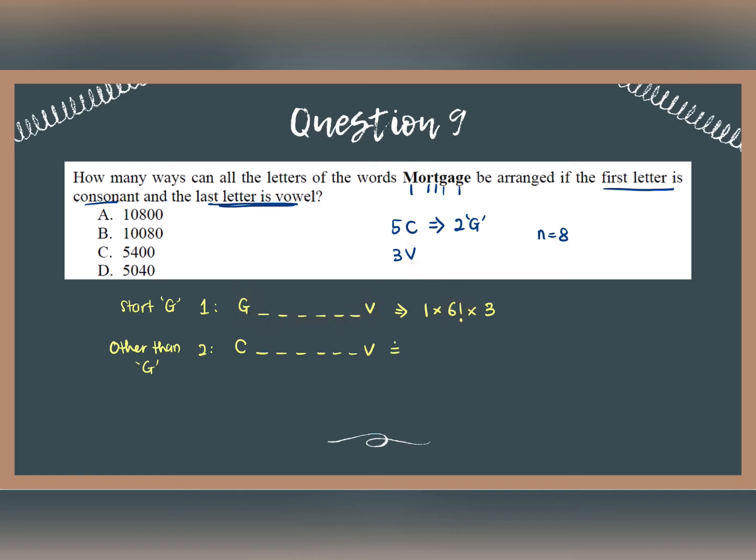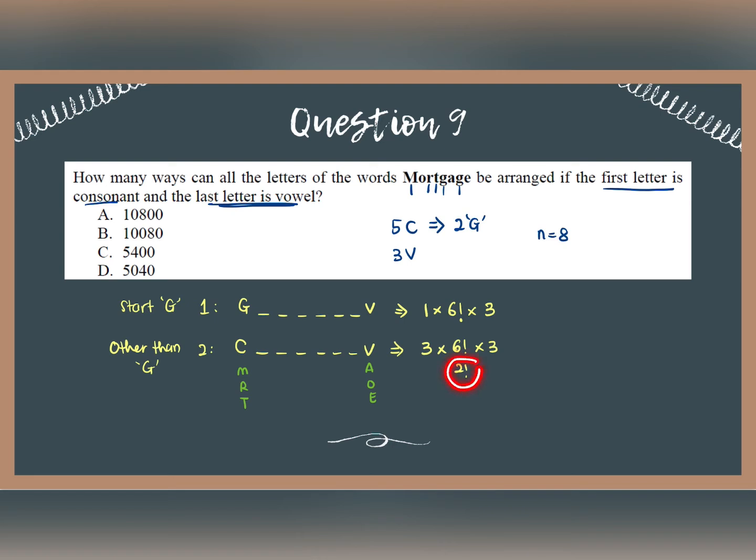And then yang kedua, if it start with other than G, so ini consonant. Consonant kita kalau kita tolak 2G, so kita akan ada huruf apa je? M, R, T sahaja. So maksudnya dia ada 3 choices of letters lah. So 3. And then vowels pun kita ada 3 choices, sebabnya vowels adalah A, O, E. Okay, and then dalam kalangan 6 letters ini, kat sini akan ada repeated G. So it will be multiplied by 6 factorial divided by 2 factorial.